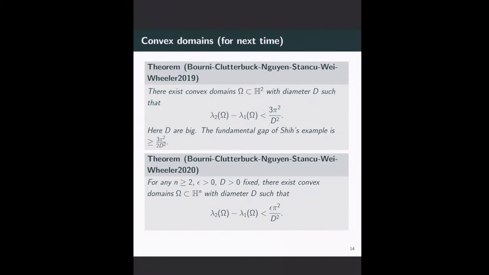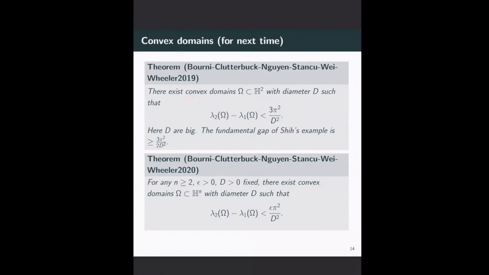And I plan on proving this next time. In fact, it's true for any epsilon. So if you give me any epsilon, I can find a domain for which the fundamental gap is less than epsilon pi squared over d squared. And this is convex.